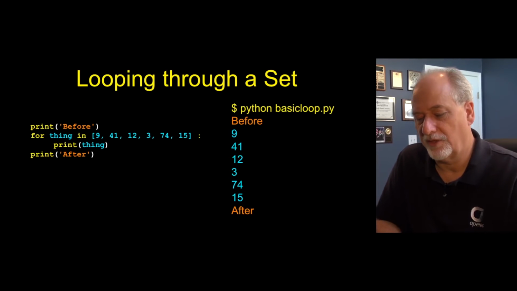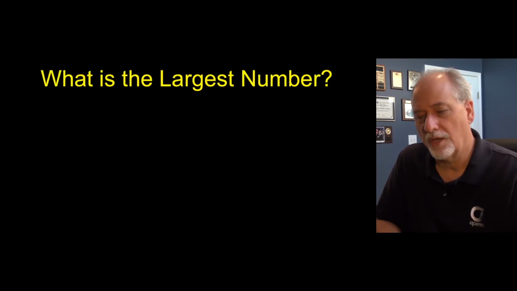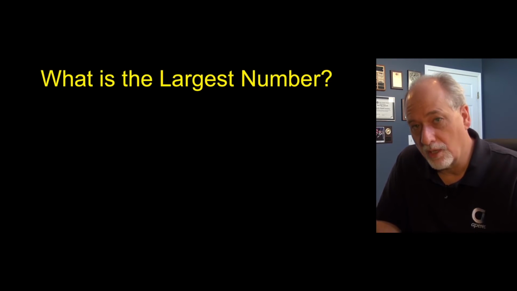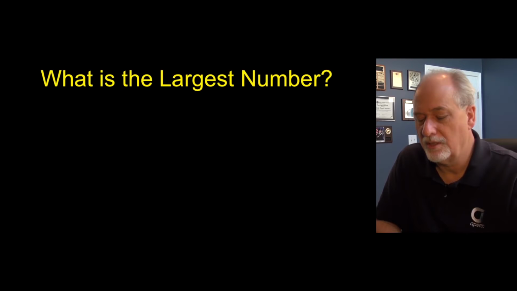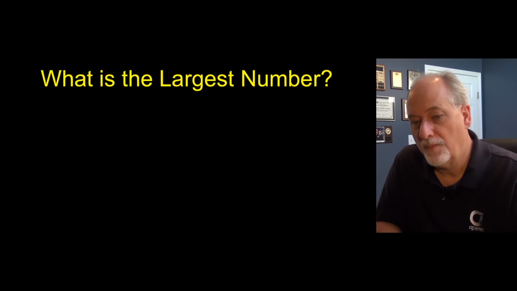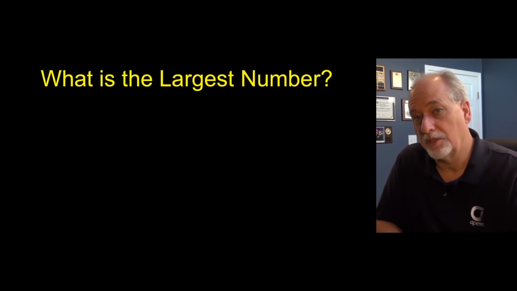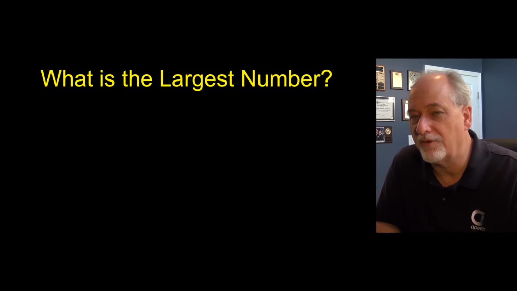So to understand how these loops work, I'm going to ask you to function as a program. I'm going to show you some numbers in succession, and I want you to mentally figure out what the largest number is, but more importantly, think about how your brain is solving this problem of what is the largest number, given that I'm only going to show them to you one at a time for a little while.